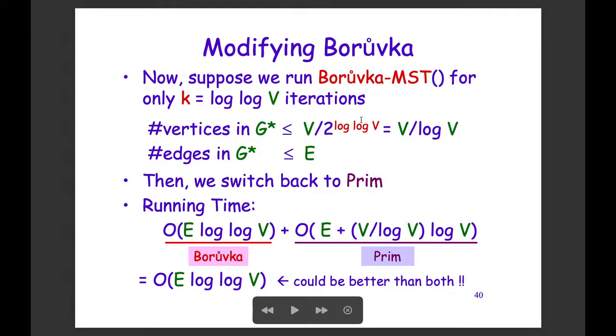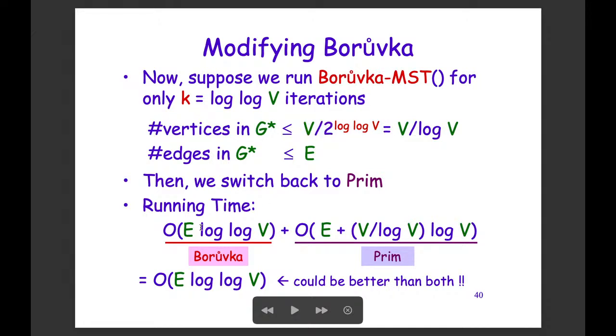Okay, so this is a very interesting way in theory that we can combine Borůvka with Prim's algorithm together so that we can have a better performance in some scenarios. Okay, so first of all, what Borůvka did was it will drop the number of vertices, but it will not drop the number of edges. So what we are going to do here is not run Borůvka for a long time.